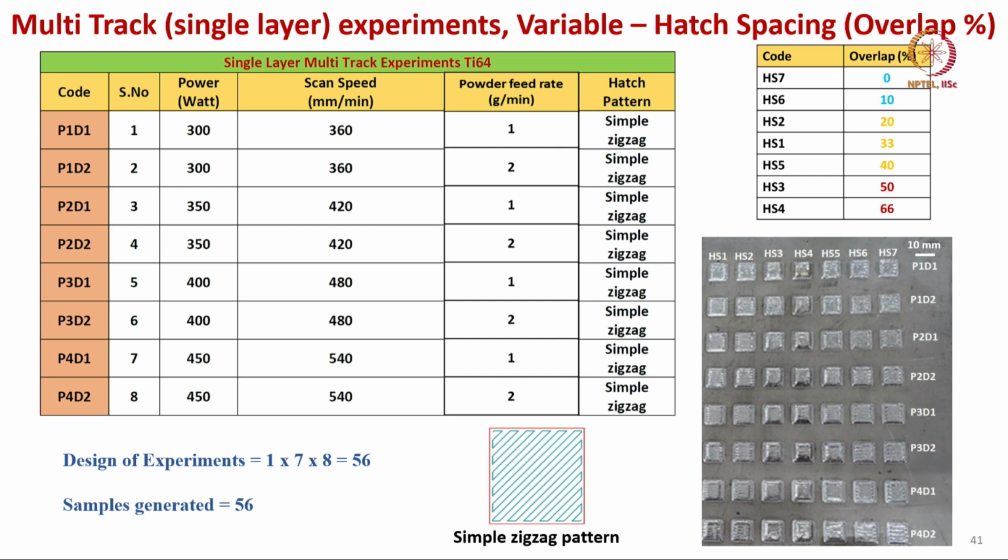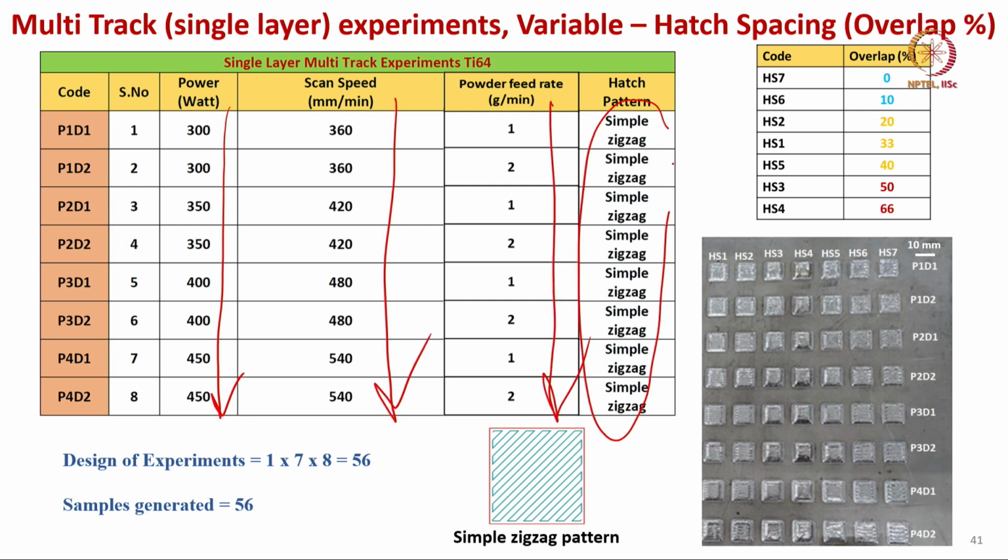Here, we have used single layer multi-track experiments where power has been varied, scan speed has been varied, powder feed rate has been varied, and the hatch pattern is mostly a simple zigzag pattern. We have mentioned the code like HS7 for essentially 0 overlap, going up to 66% overlap at HS4.